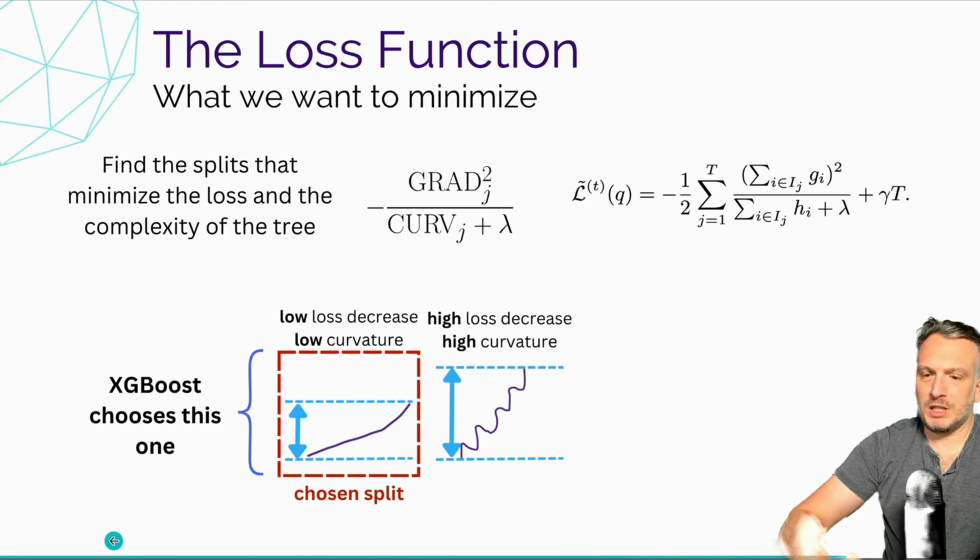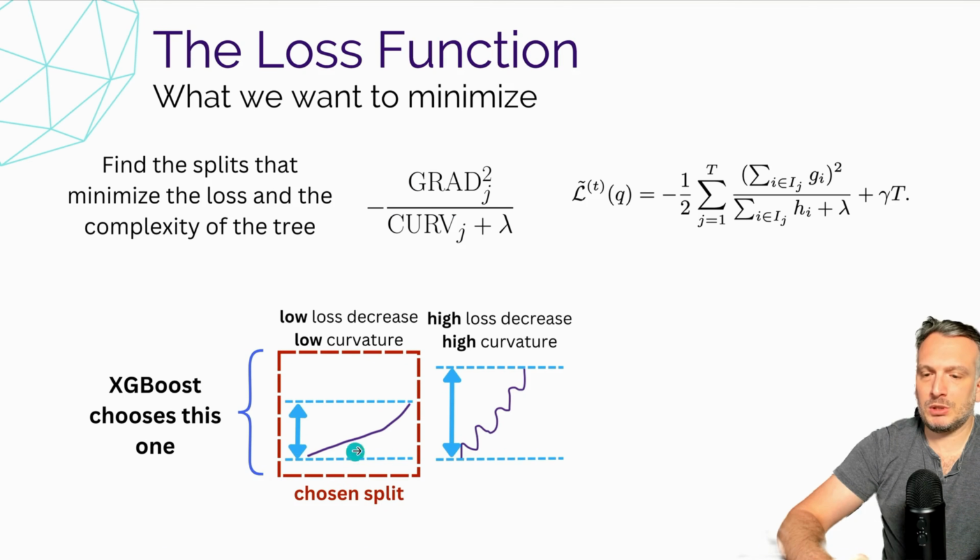So what does that mean? Here we look at two different functions. We have a function that has a low curvature. We don't have a lot of wiggles in that function. And here we have a function with a lot of curvature. XGBoost is going to try to weigh the decrease of the gradient and the decrease of the curvature.